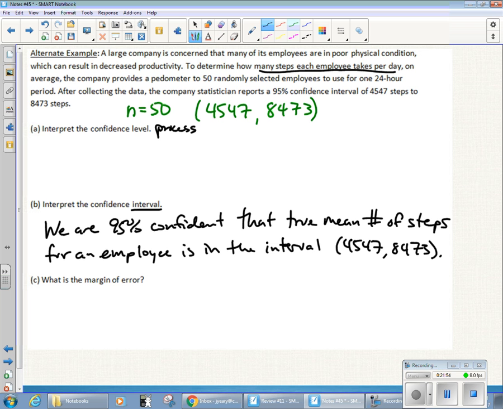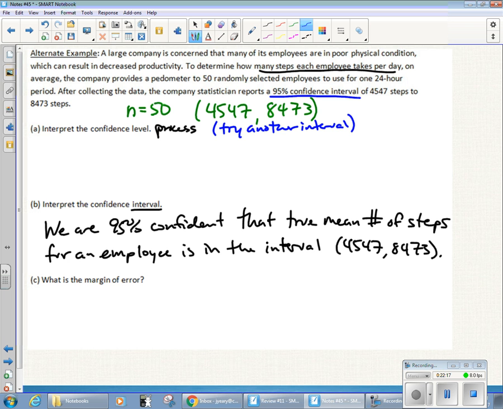Now let's talk about the process. Let's backtrack a little bit. What is the actual process here? We're saying that if we were to repeat this process, or try another interval, we would still be 95% confident in that interval, and if we did it again, we would be 95% confident in the next interval.